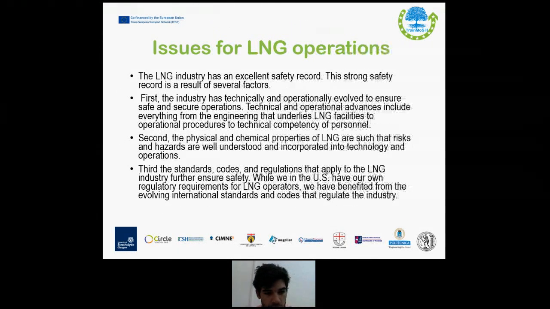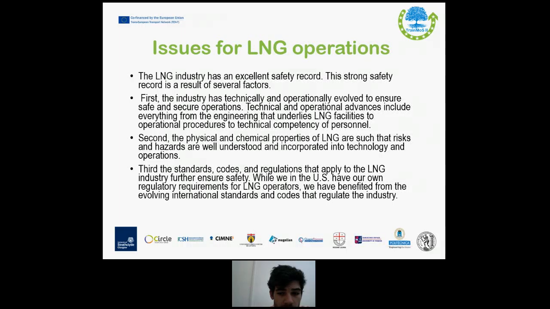Issues for LNG operations concern various aspects. The LNG industry has an excellent safety record. This strong safety record is a result of several factors. Firstly, the industry has technologically and operationally evolved to ensure safe and secure operations.